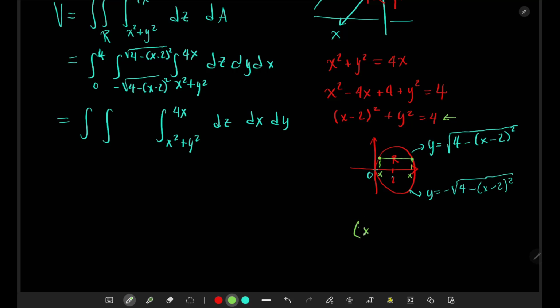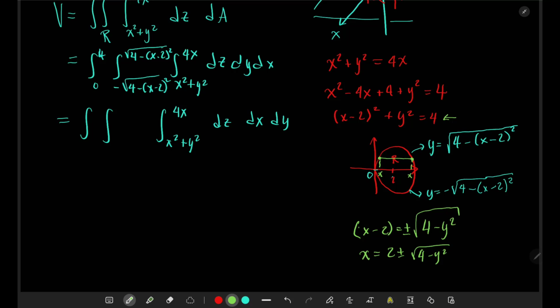So I'm going to have (x minus 2) squared equals 4 minus y squared, and I'm going to take plus or minus the square root on both sides. I just subtracted, took the square root, plus minus. Then I add 2 on both sides, and I get 2 plus or minus the square root of 4 minus y squared.